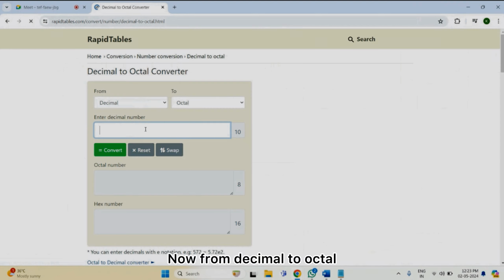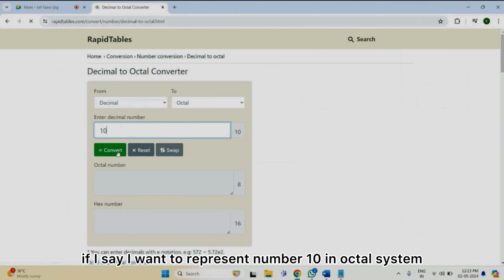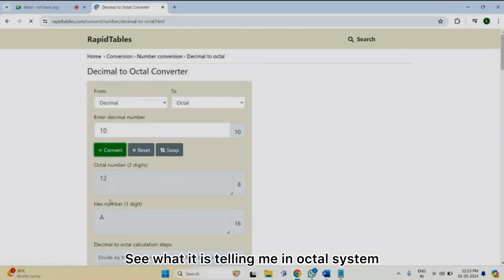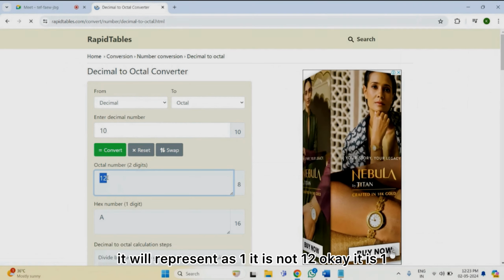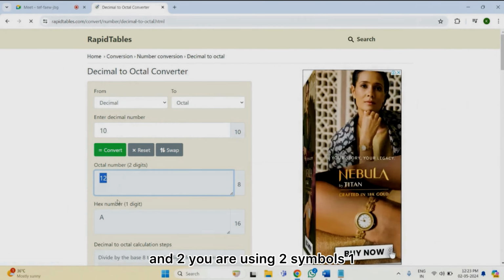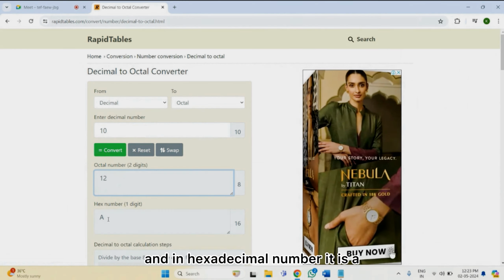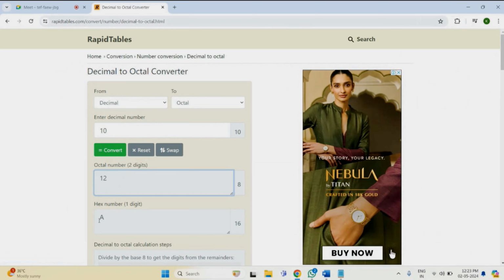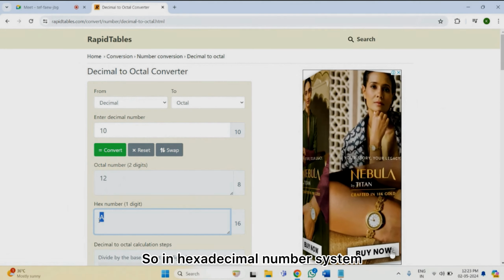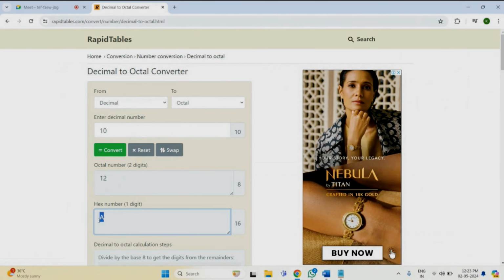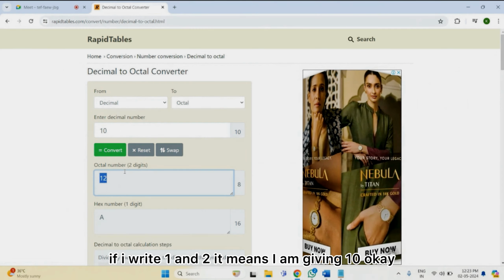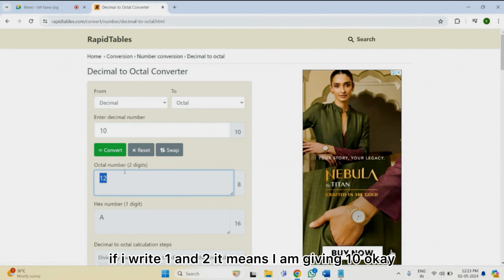From decimal to octal, if I want to represent number 10 in the octal system, it will be 1 and 2. You're using two symbols, 1 and 2, to represent 10. And in hexadecimal, it is A. So in the hexadecimal system, if I write A, it means I'm telling number 10. In the octal system, if I write 1 and 2, it means I'm giving 10.